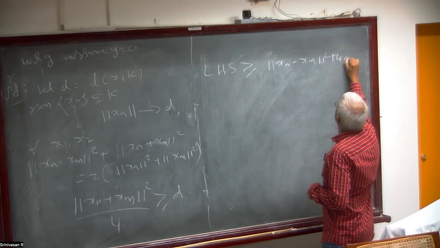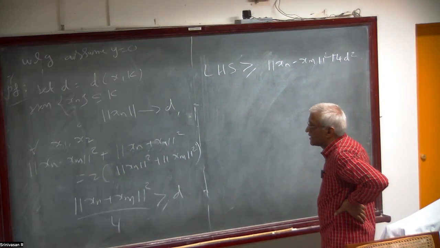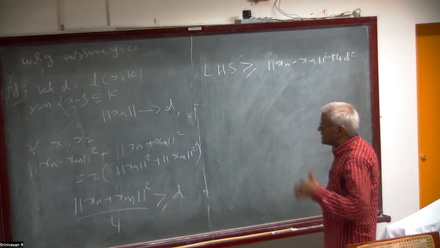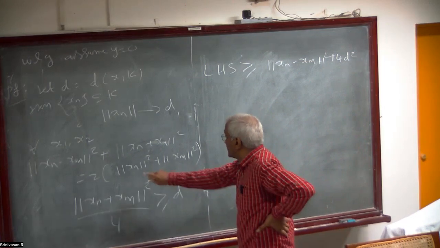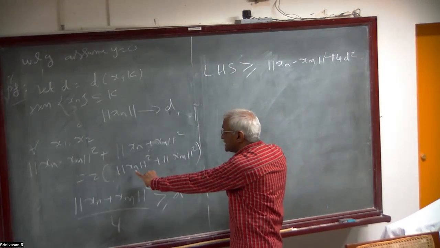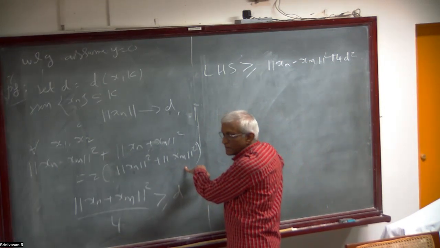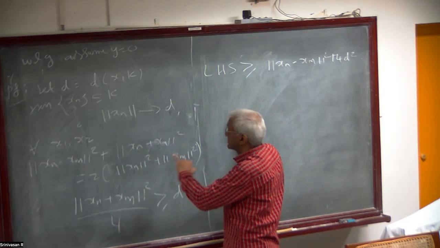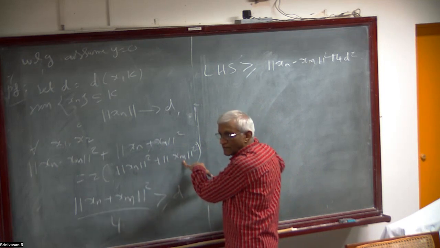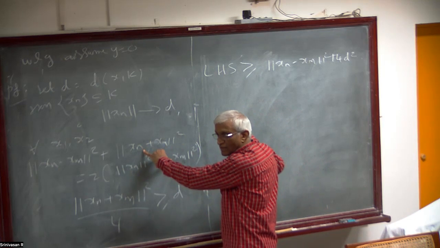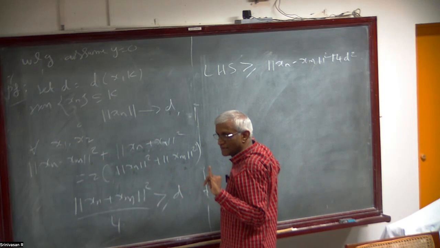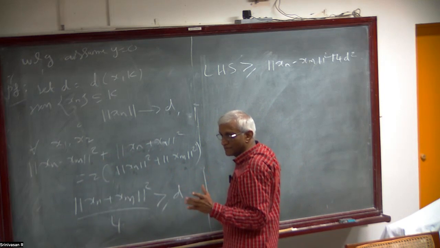Which way should I argue? This goes to 0, this goes to 0, and this doesn't go to 0. Now this goes to d squared, this goes to d squared, and this is greater than d squared, and this has to go to 0. Clear, no?